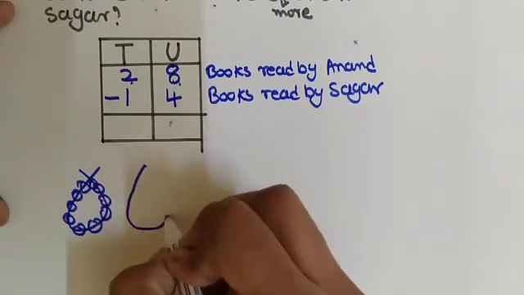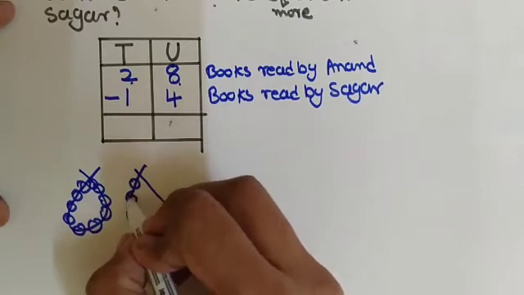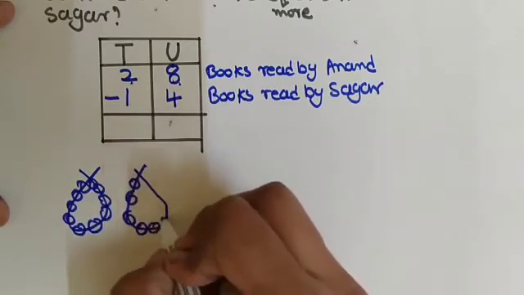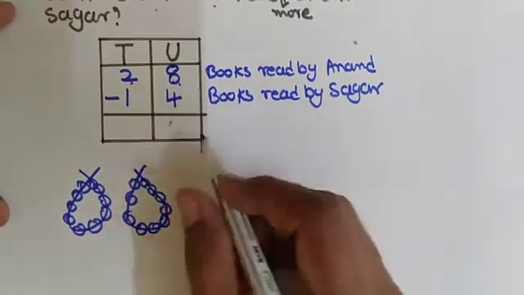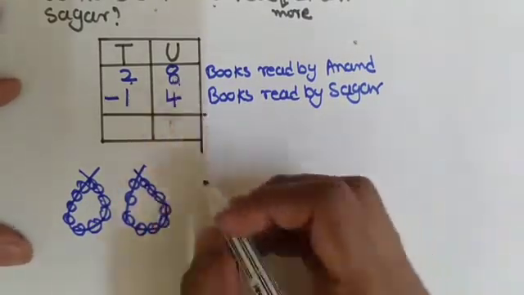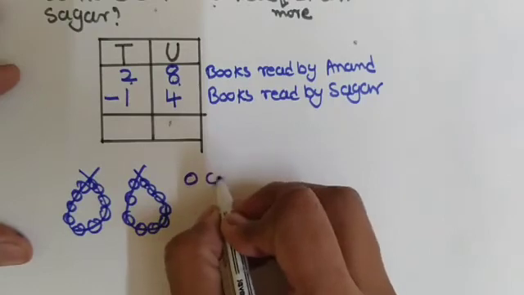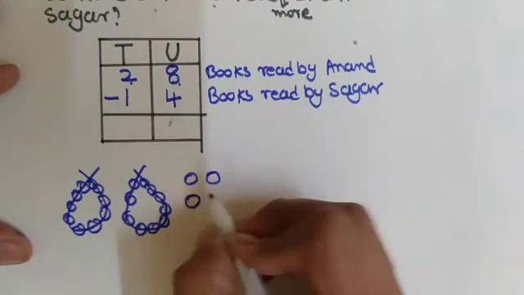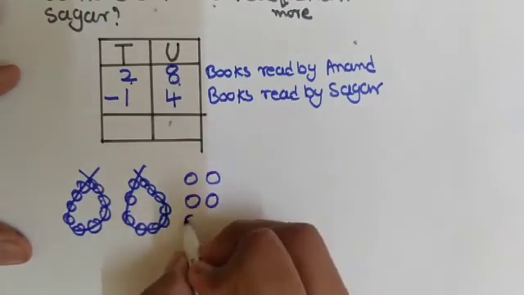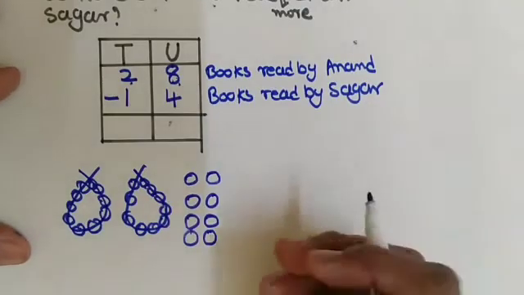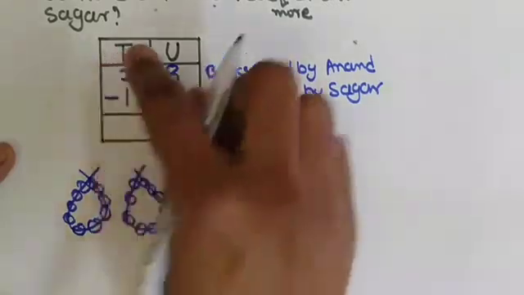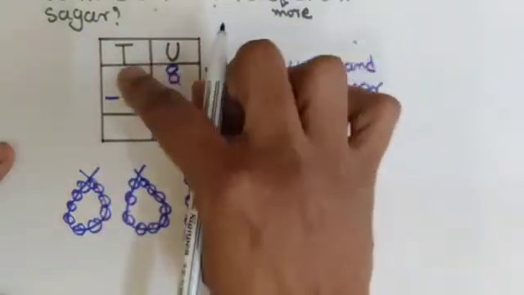One ten, two tens and 8 units. For 8 units, we have to draw 8 single beads. Like this. Now, we have to subtract 14 from 28.